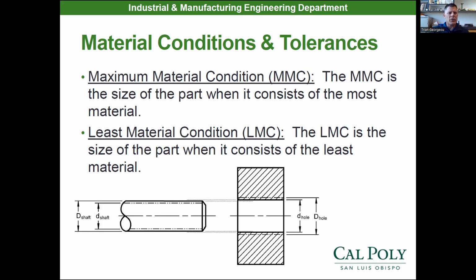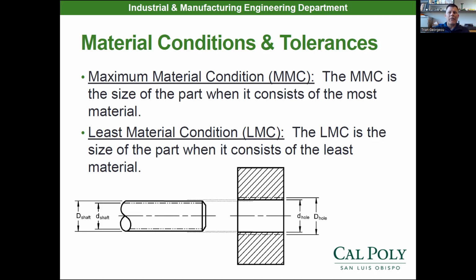So for external features, maximum amount of material is its largest size. However, when you have a hole or an internal feature, the maximum amount of material is its smallest size. So a hole's maximum material condition would be the smallest diameter. A shaft's maximum material condition would be its largest diameter.